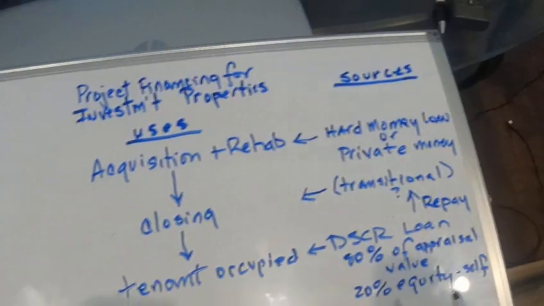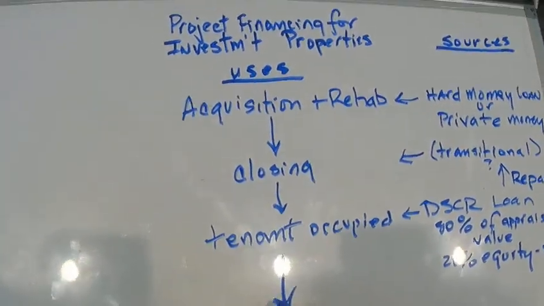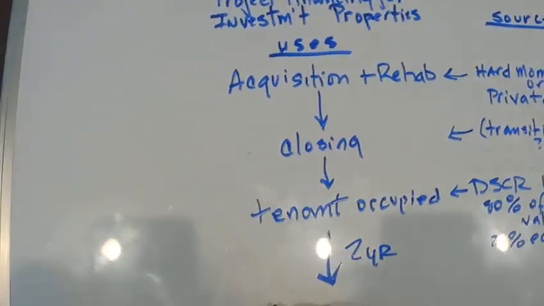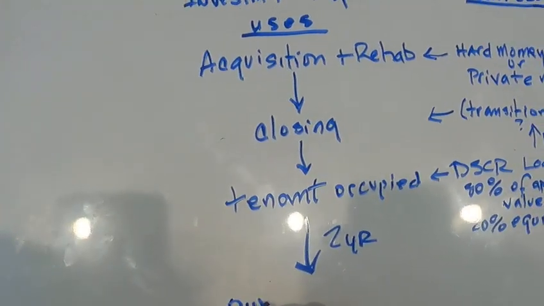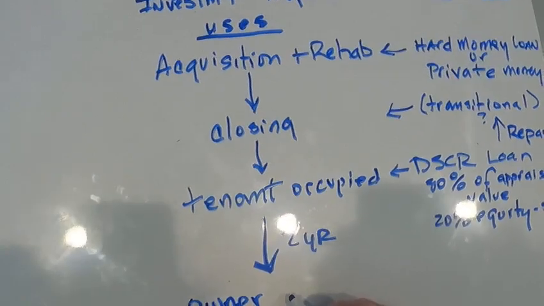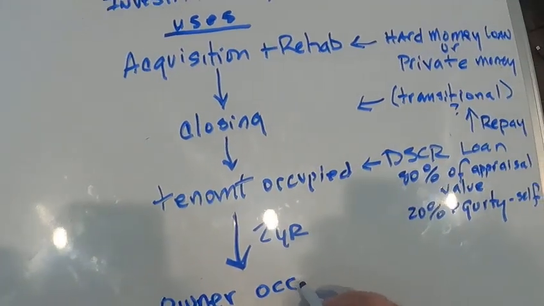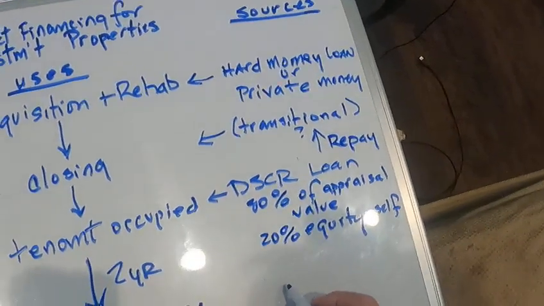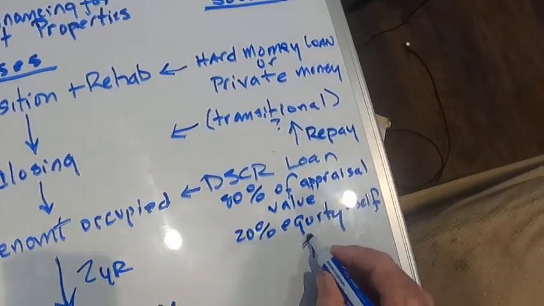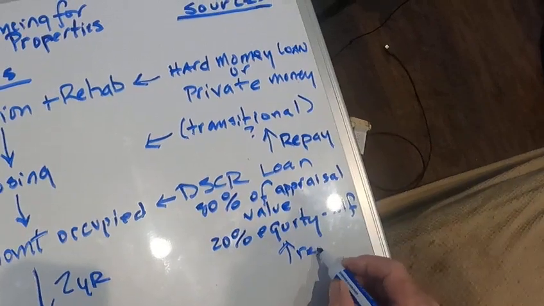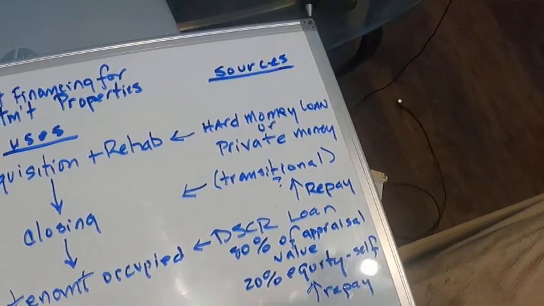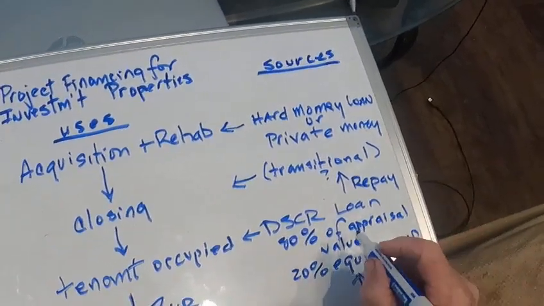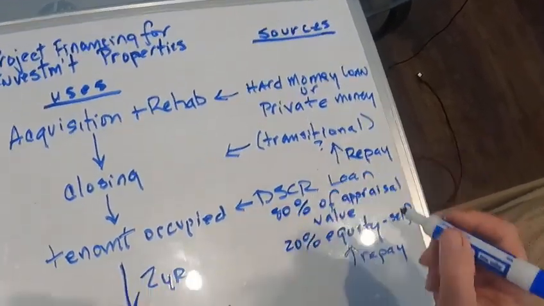And then let's just say after 2 years, you want to owner occupy it. Okay, and what you do here is now, because you can't occupy it with a debt service coverage ratio loan, they're dependent on the rent paying the mortgage price.